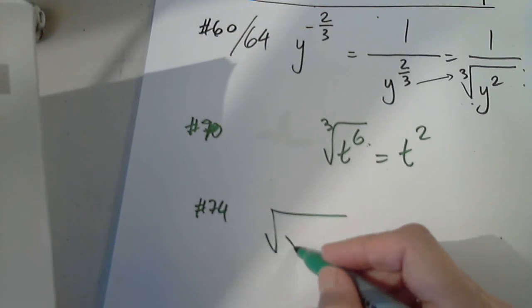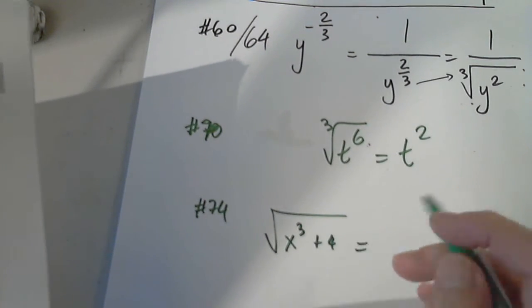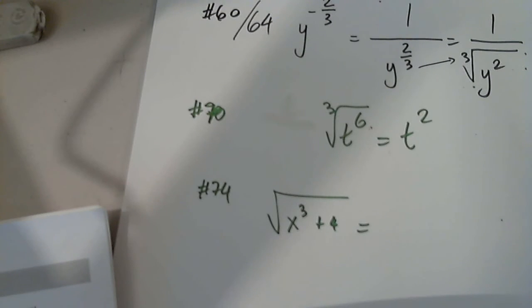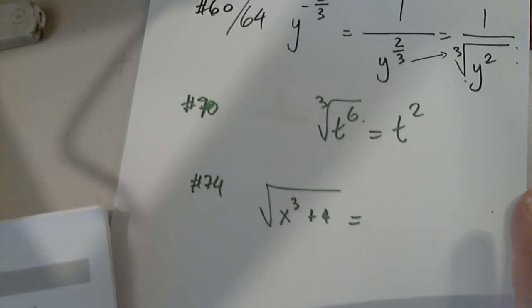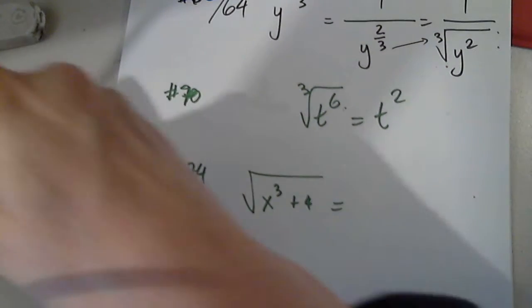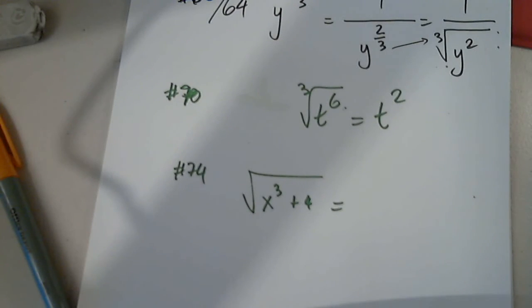Yeah, maybe 74 is a good one, because we have the square root of x cubed plus 4. And they want us, and this is important, they want us to change it into a rational exponent. How do I write this with rational exponents? This is important because you'll see in the next chapter why.